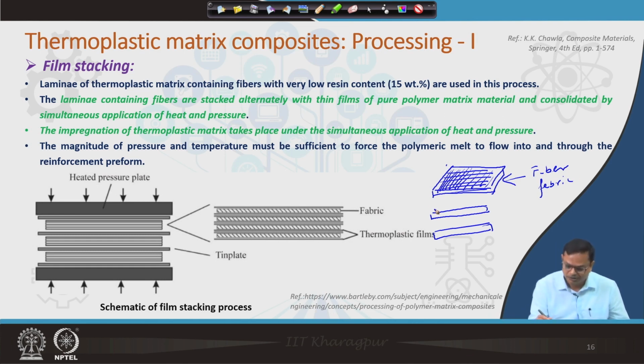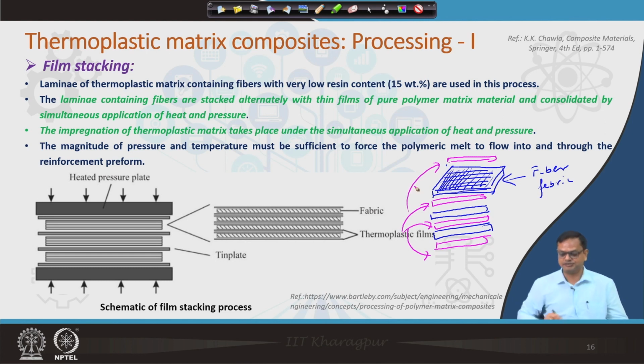And then what is being done here is that in between these two there will be the layers of this kind of thermoplastic films, okay. These are all thermoplastic films on top, and at the bottom, they are all actually these thermoplastic films.